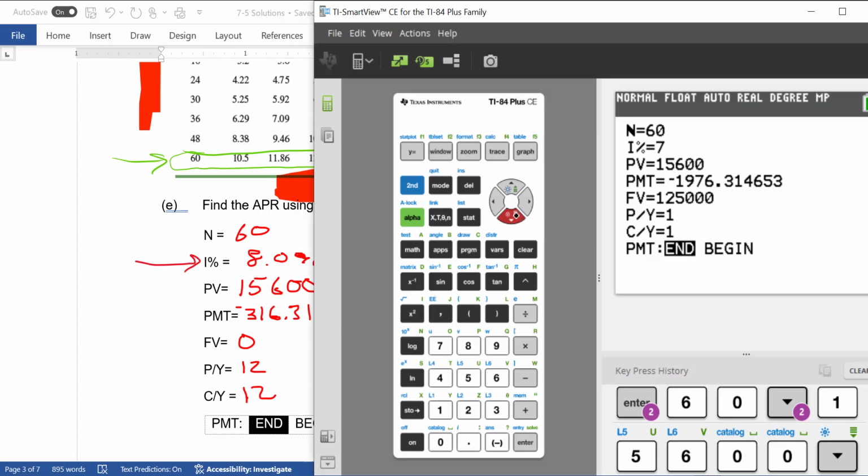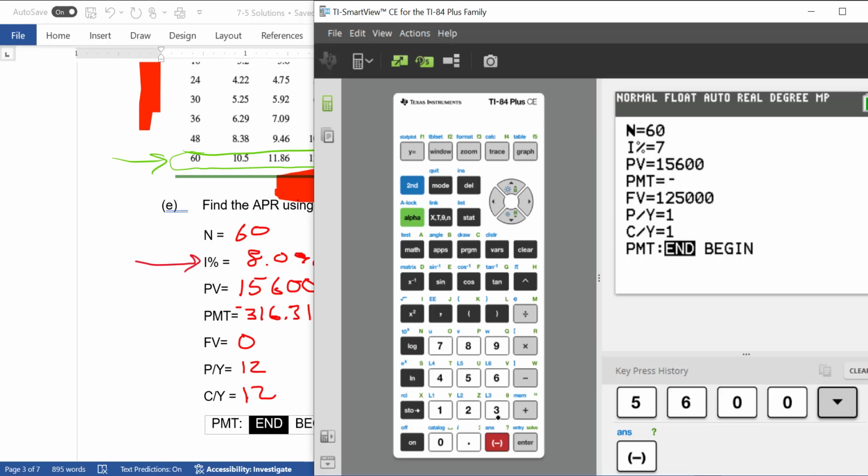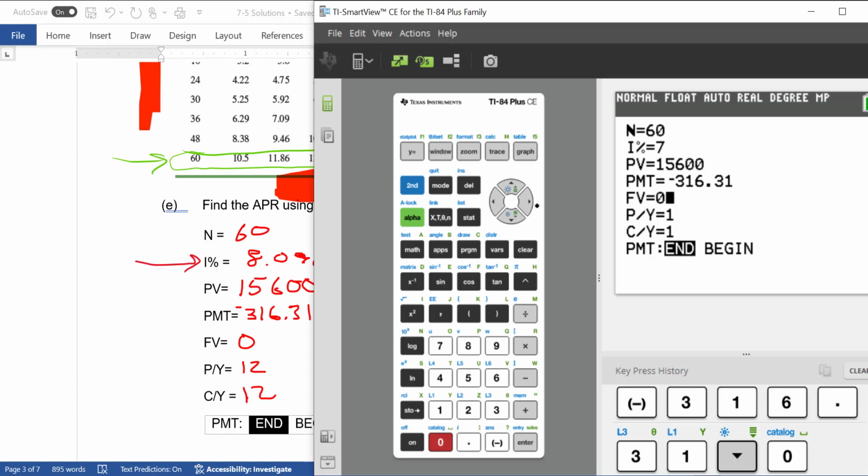The payment, we enter that as a negative number, so that's negative 316. Other times we're computing the payment, but I'm entering the payment here, 316.31, because they told us that payment. The future value is 0 because we're paying this loan down to 0. The payments per year and compoundings per year are both going to be 12.